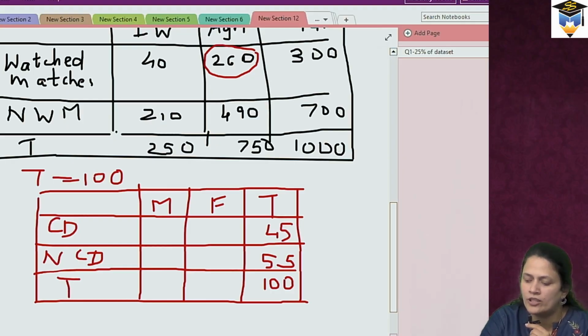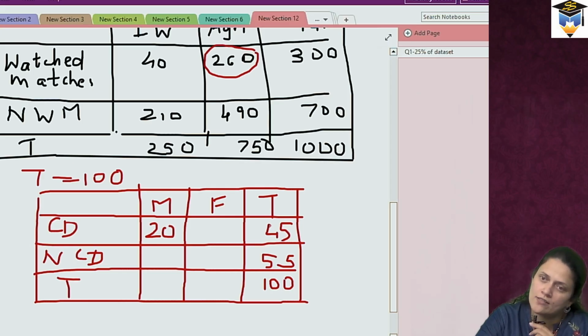So male coffee drinkers are 20, so this will be 20. So how much is female coffee drinkers? 45 minus 20, that is 25.